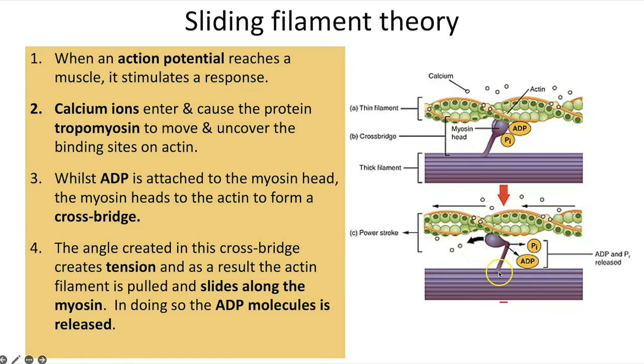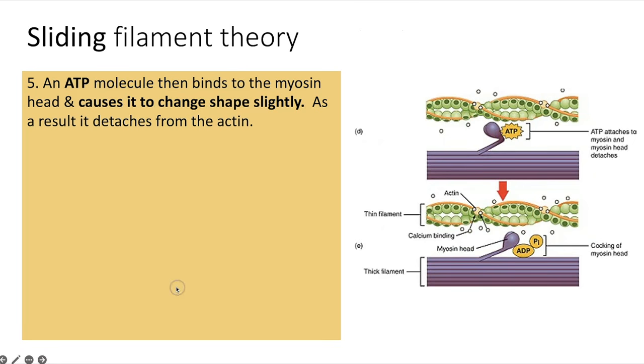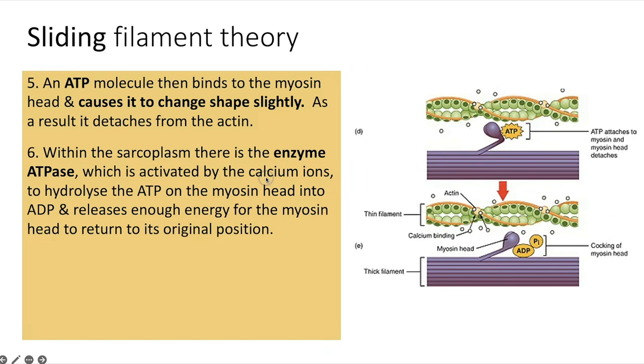And in doing so, that power stroke action causes the release of ADP and Pi. An ATP molecule can then bind to the myosin head, and at that point it causes the myosin head to slightly change shape so that it's no longer complementary to the myosin binding sites, and as a result it detaches from the binding sites on actin.